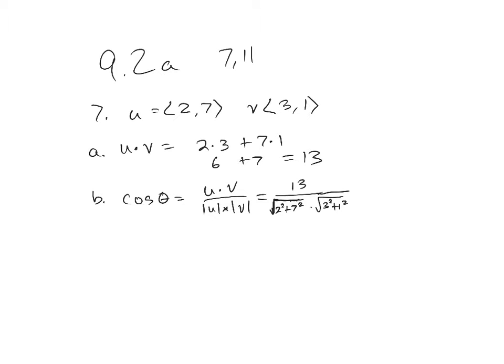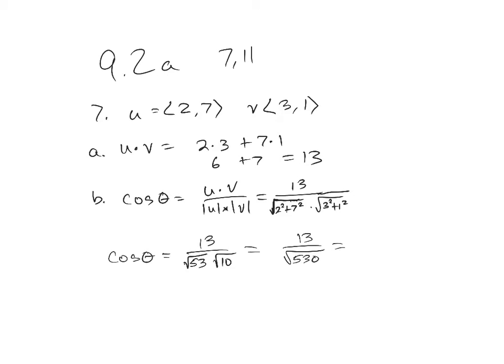So that will be 13 over, 4 plus 49 is the square root of 53, and 9 plus 1 is 10. So the cosine of theta is equal to 13 over the square root of 530.